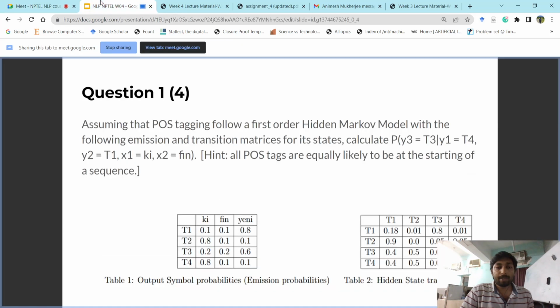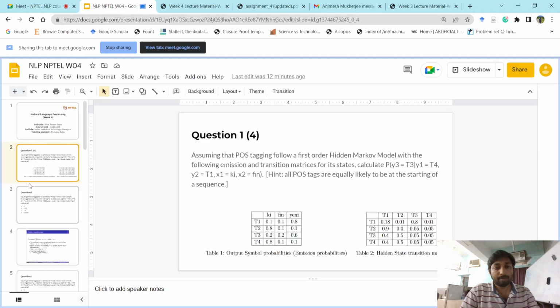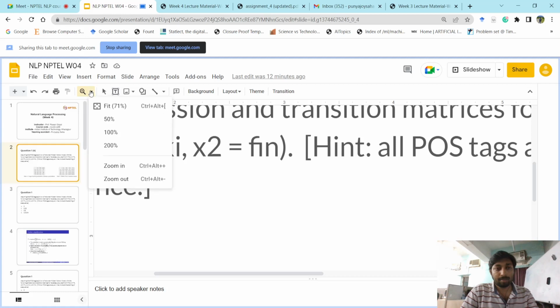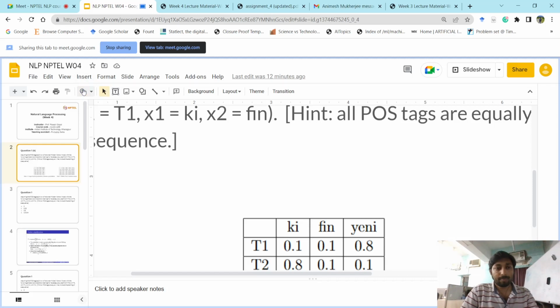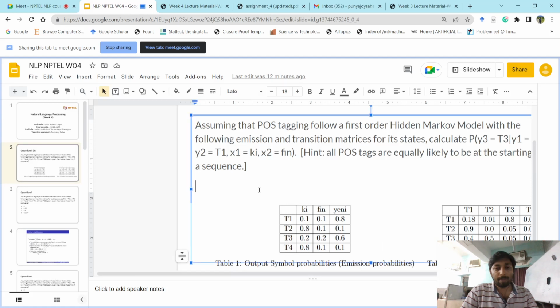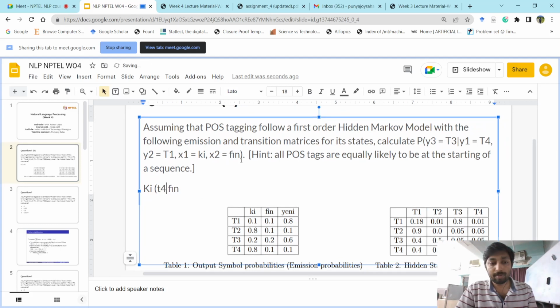So if we try to represent it, we will say this is the word ki, comma fin, and this word has a POS tag of t4, and this word has a POS tag of t1.